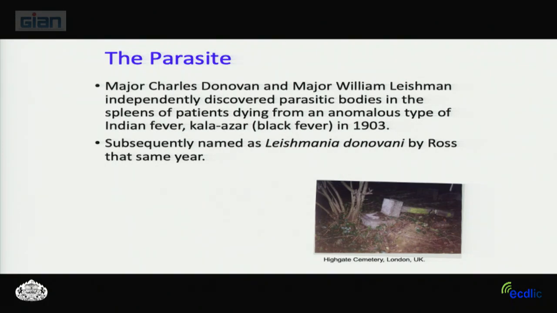I went to see William Leishman's grave in Highgate, London, and I was so shocked to see that it had been pushed over. So leishmaniacs around the world should be concerned, but we should get some effort together to go to the cemetery in London and resurrect William Leishman's tombstone.